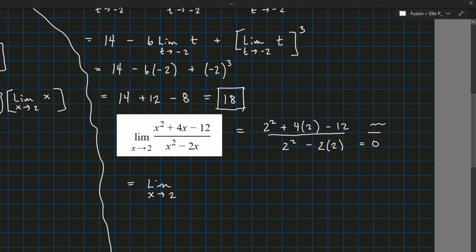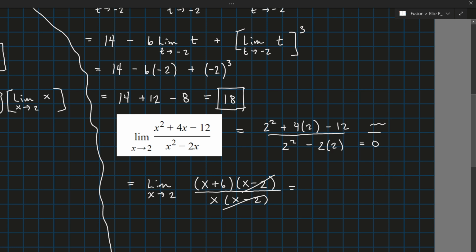It's not that bad. The top would be x plus 6 and x minus 2. That is not a 2. And on bottom, we can factor out an x, and then we'll have x minus 2. And now we can cancel. Is there x minus 1? No, because we pull out.